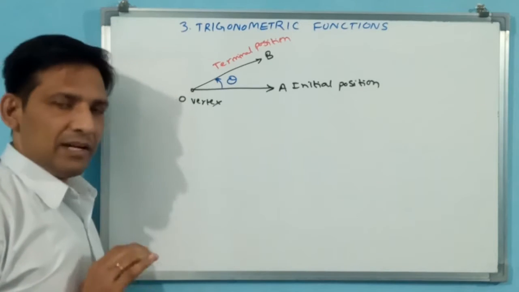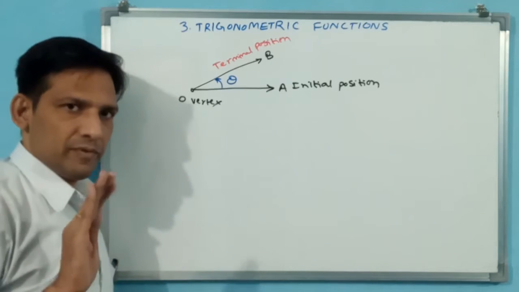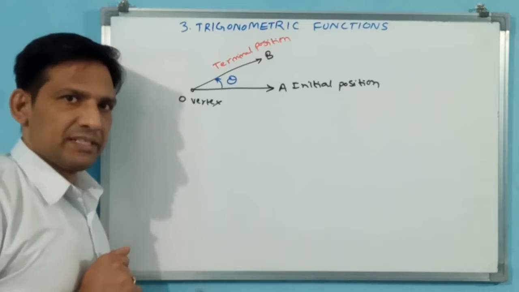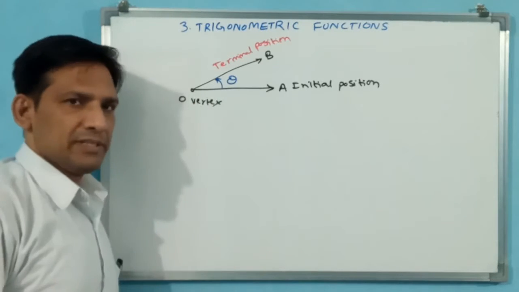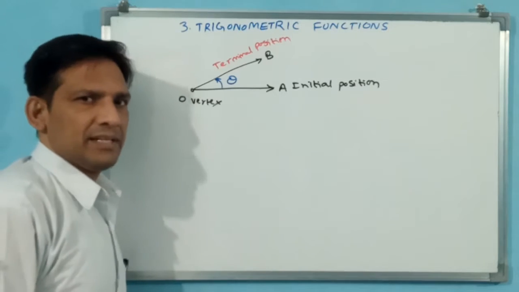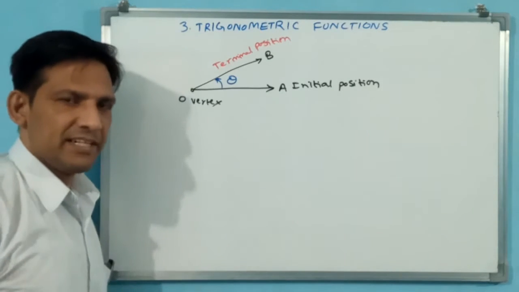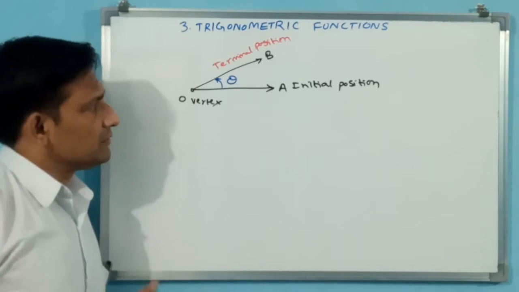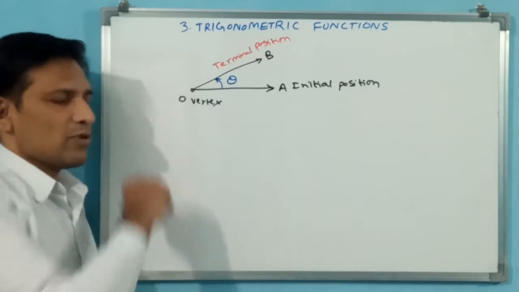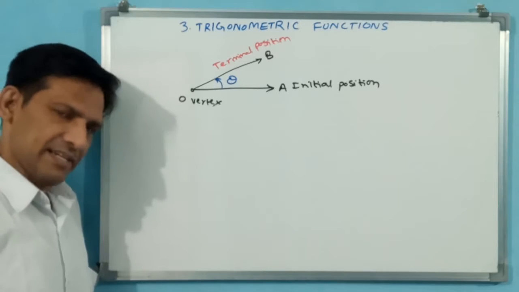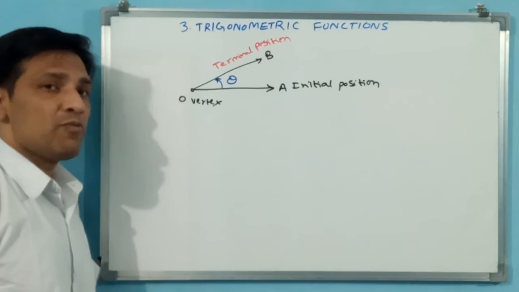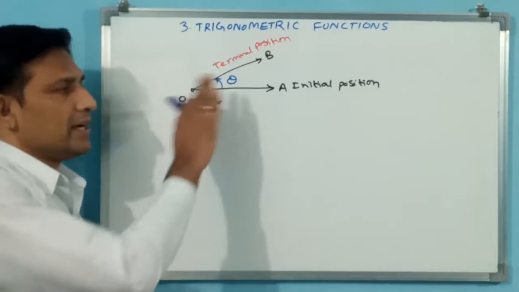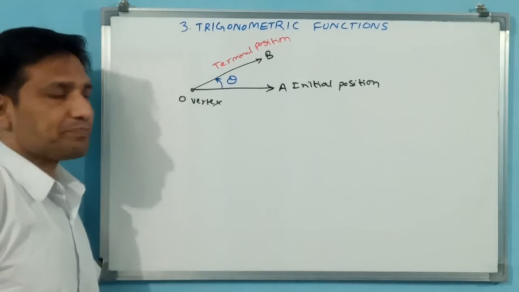First let us see this small rotation, up to theta only. We have not said whether theta is in degrees or radians, but say we have rotated by angle theta. Here theta is the angle. We can also take 0 to A as a side, but until now let it be a ray.